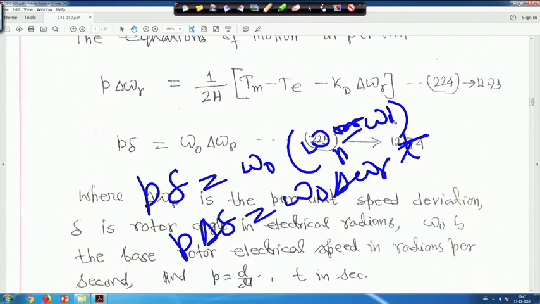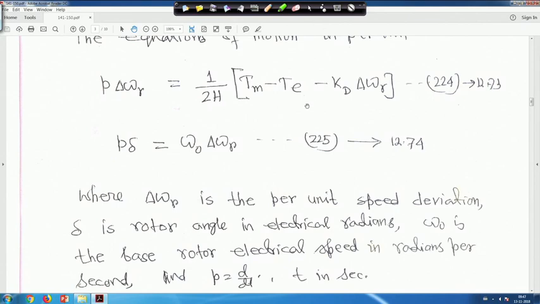So, if you take small perturbation, left hand side is only p delta delta, and right hand side remains as it is, omega 0 into delta omega r. So, there is no confusion at all, it is coming from this mathematical relationship, absolutely no confusion.